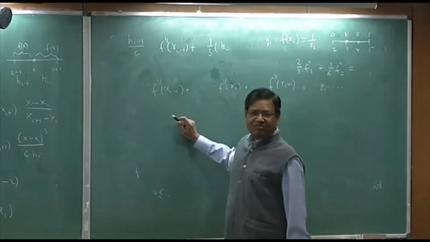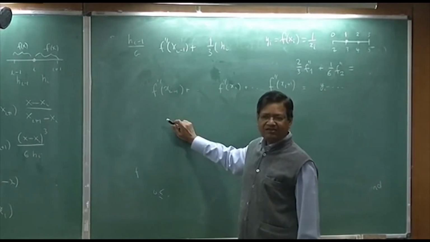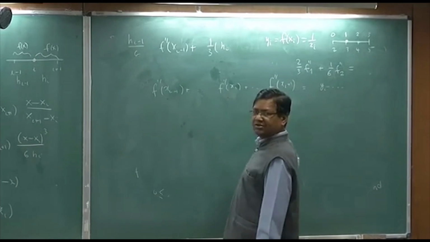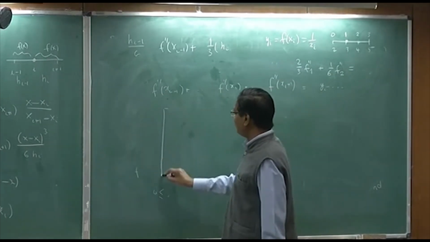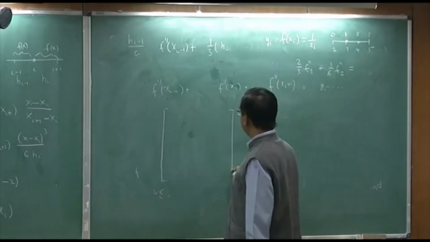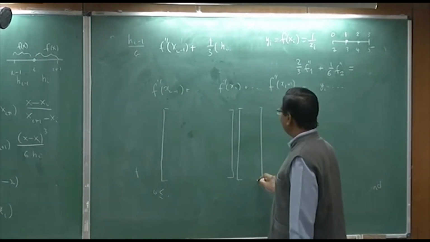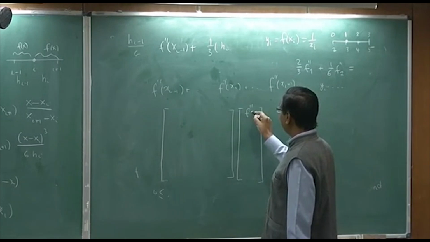Now there is an n minus 1 on it. So you can write this as a matrix. Correct? These are unknowns, so these become a matrix. In fact, the first entry will be f double prime 0.